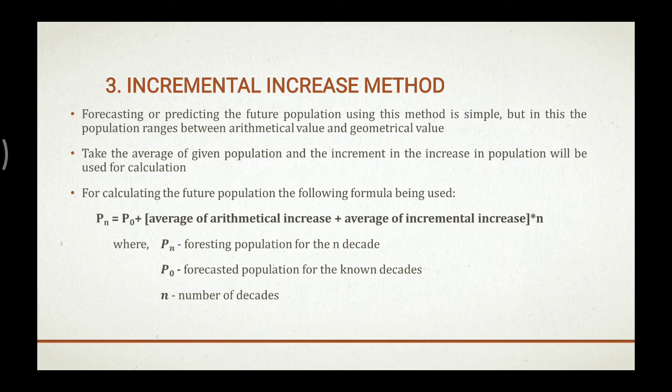In a sense, for every increased population for decades, we will be calculating the incremental increase of population for every 10 years, and we will be taking the average of those.